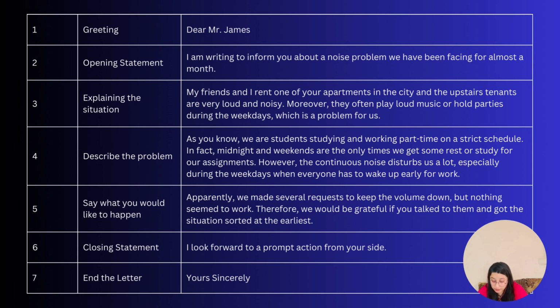Then the opening statement: I am writing to inform you about a noise problem we have been facing for almost a month. Now we'll explain. My friend and I rent one of your apartments in the city, and the upstairs tenants are very loud and noisy. Moreover, they often play loud music or hold parties during the weekdays, which is a problem for us.